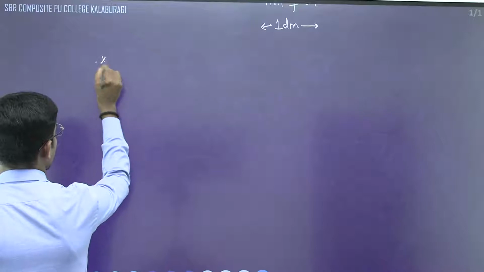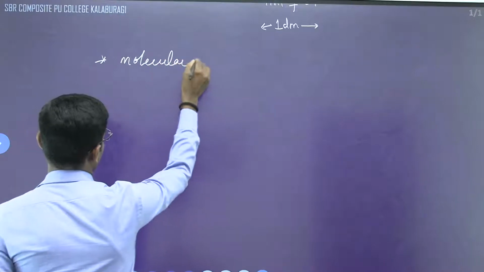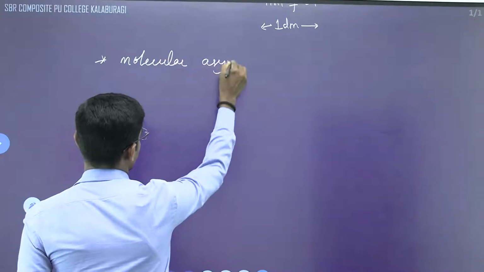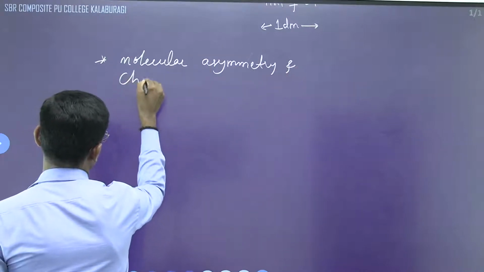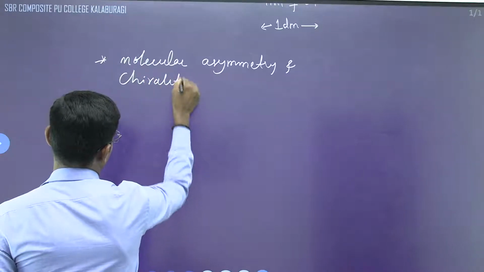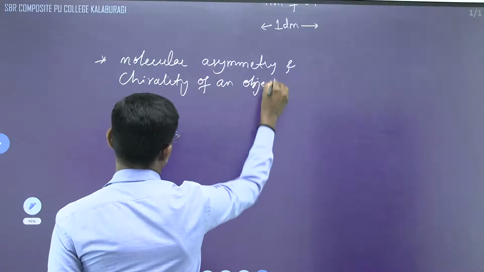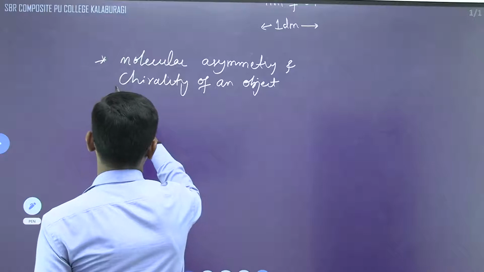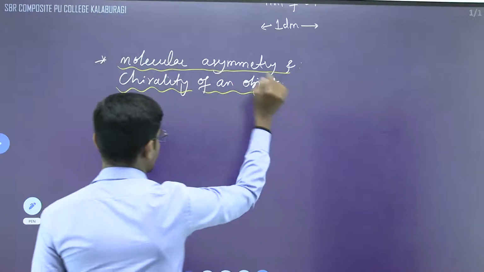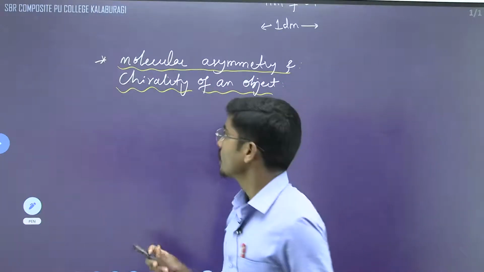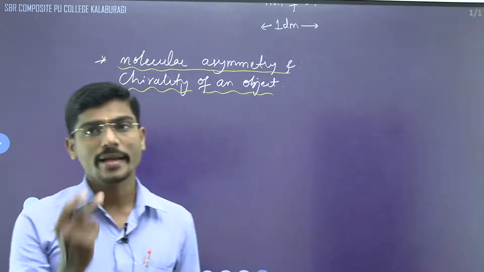So the next heading is molecular asymmetry and chirality: chirality of an object, or of a molecule. What is meant by this chirality? And already we know about optically active compounds.